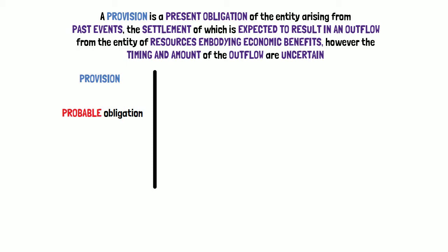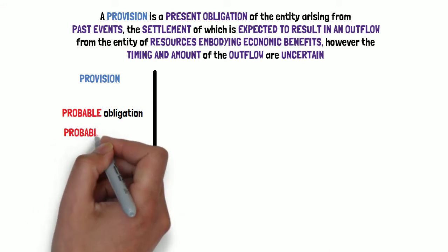Remember that if a company can avoid paying for something in the future, then it can't be a present obligation. So, because we know that there is this obligating event and this requirement to settle, we're pretty sure that we owe something now or in the future.